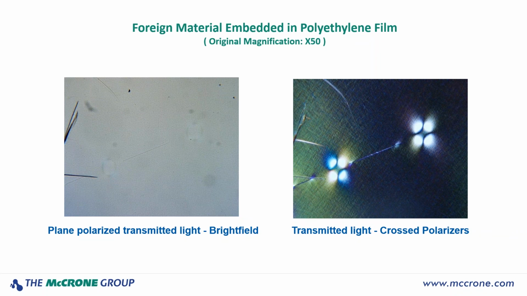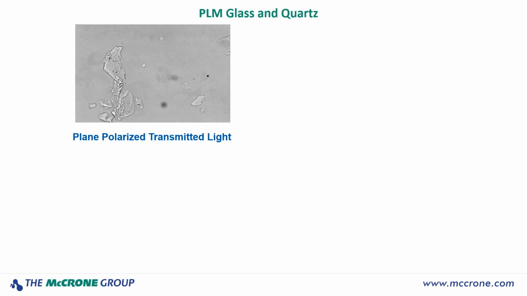Those bright spots are formed from strained birefringence in the polyethylene film, and so it produces these strain patterns under cross-polarized light. So now we can go into the center of each of those little clusters and find the foreign material and extract it out of there for analysis to find out what it is.